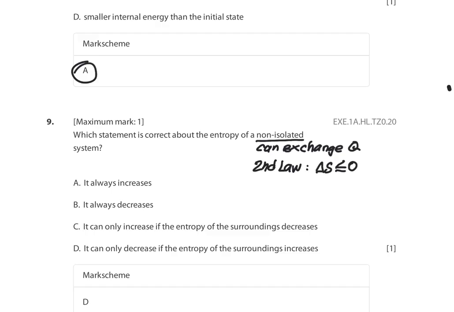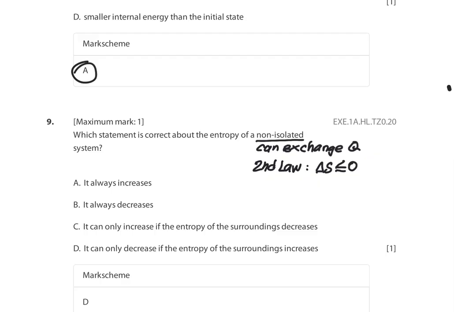Now, people get confused with the second law of thermodynamics and say entropy always increases. It doesn't have to increase. The change in entropy can be 0, and actually, in a system interacting with its environment, the entropy of a system can decrease if the entropy of its surroundings increases such that the total change of entropy is 0 or greater.